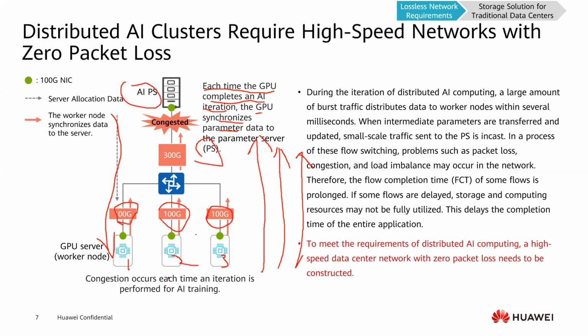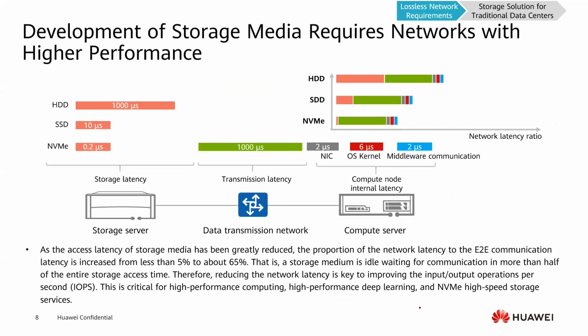When all the servers in this cluster send packets to the AI parameter server, it may generate congestion. So to meet the requirements of distributed AI computing, a high-speed data center network with zero packet loss needs to be constructed. That's why we need a lossless network.